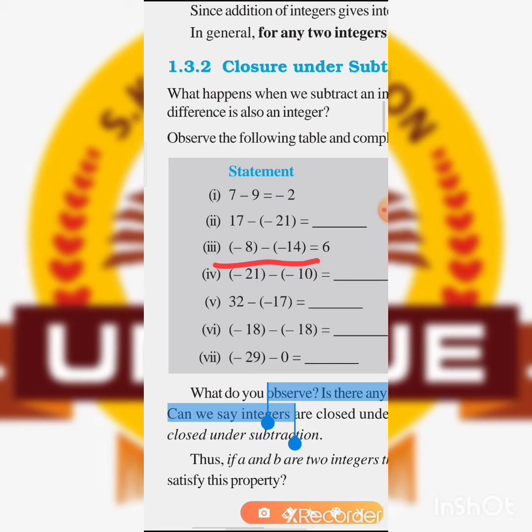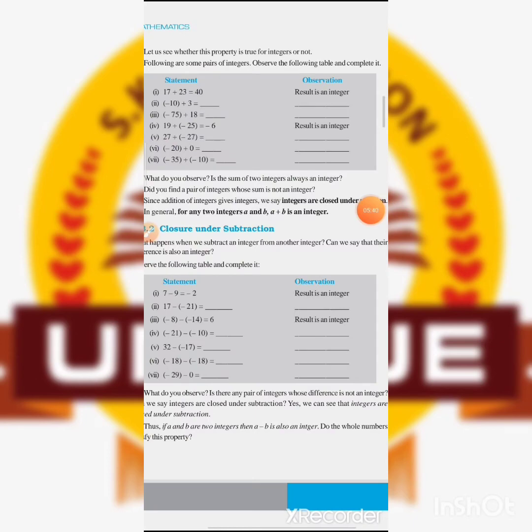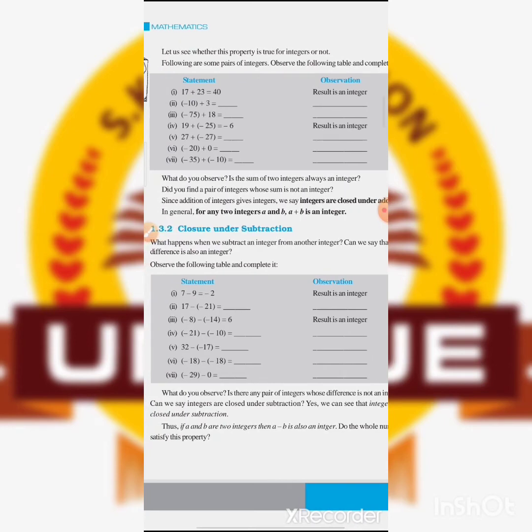So the next step is minus 8 plus 14. Now 14 is bigger than 8, so the answer would be plus 6. So we also say that integers are closed under subtraction.